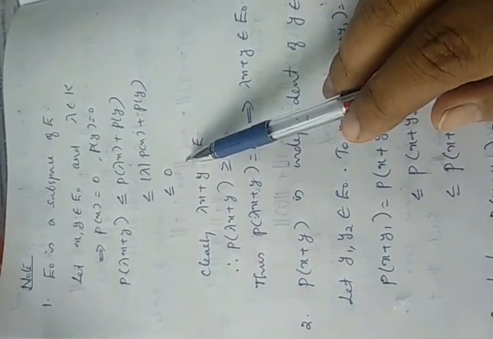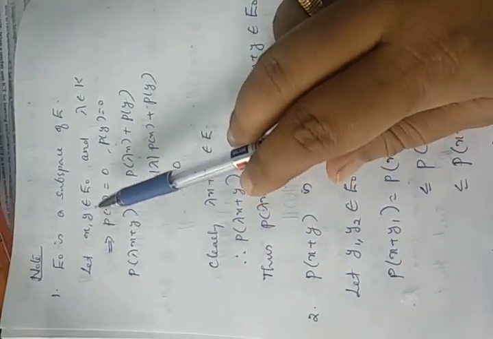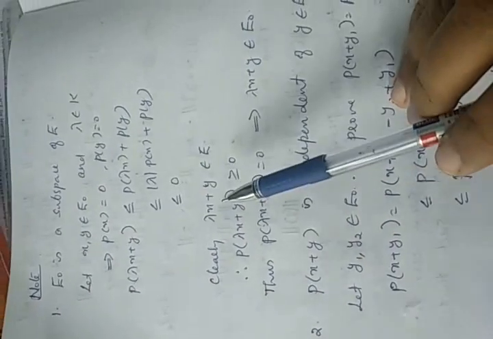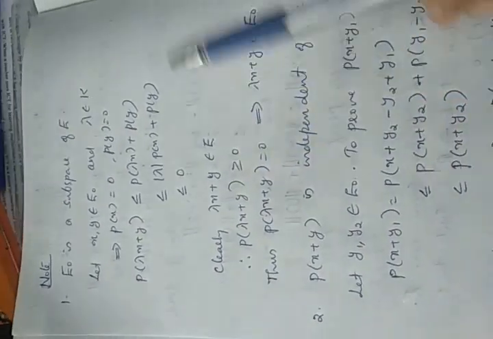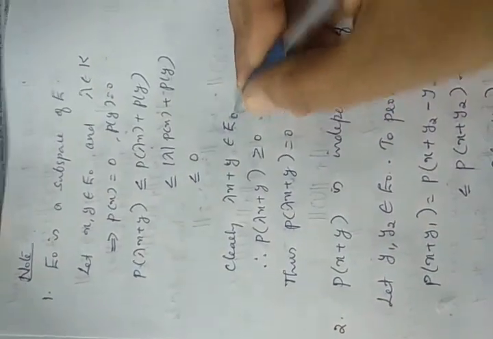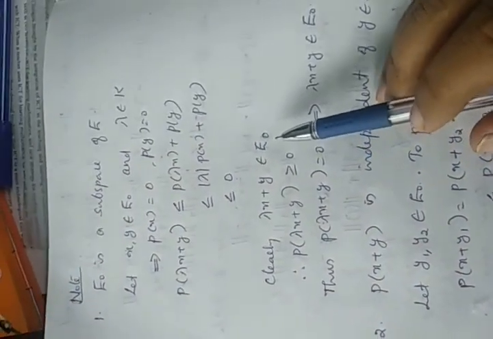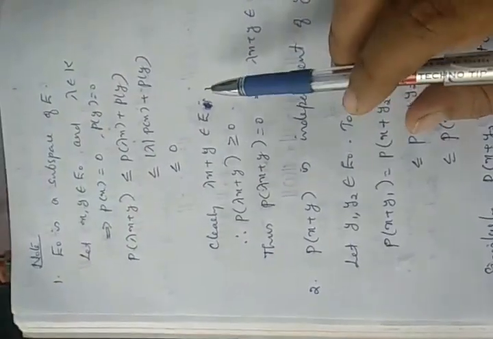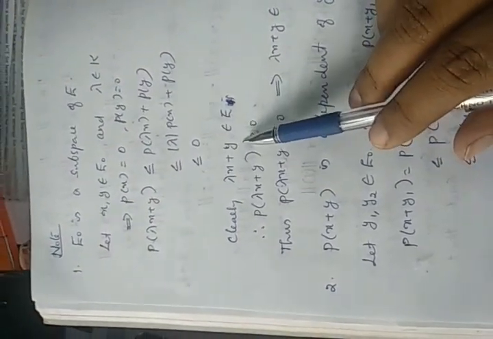Now, we have to show that lambda x plus y belongs to E naught. First, lambda x plus y belongs to E because E is a linear space.